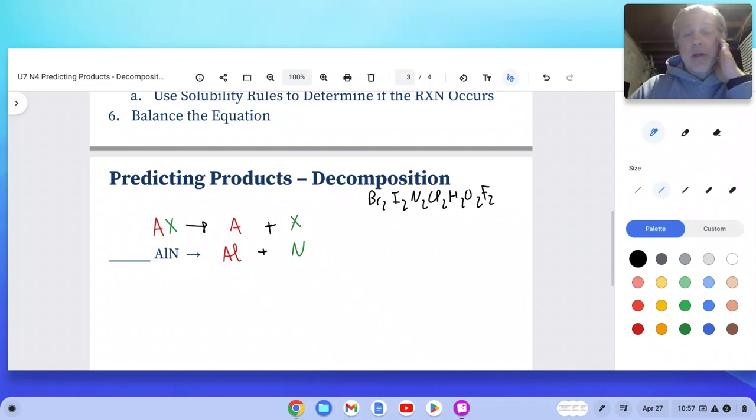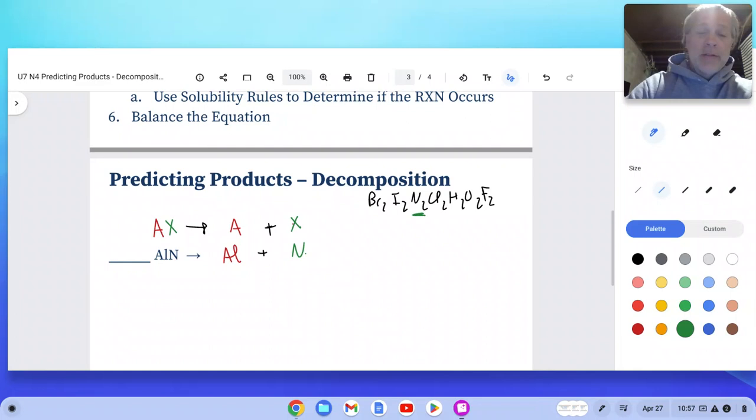Those are your diatomic elements. If I look at this list and I see that aluminum is not part of the list, then aluminum stays as it is. If I look at this list and I see nitrogen as part of that list, then nitrogen gets a 2.